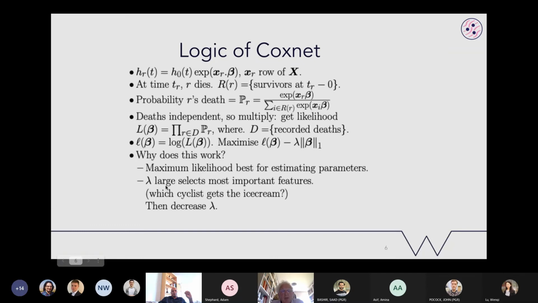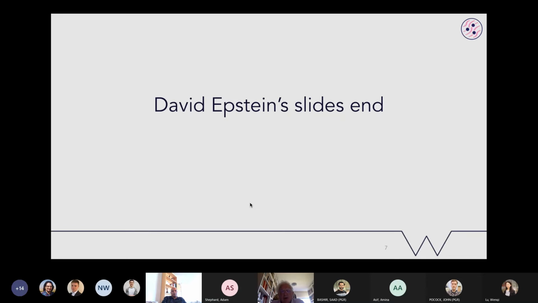And if you take lambda large, then this will cause most of the coefficients, the elements of beta, to go to zero, and you'll be left with just a few most important ones. Then you can gradually decrease lambda until you're satisfied that the terms are not really relevant.